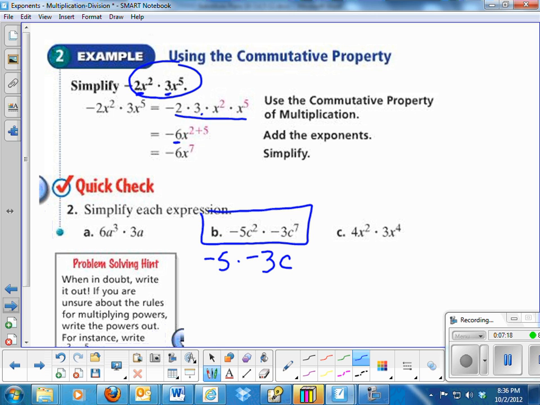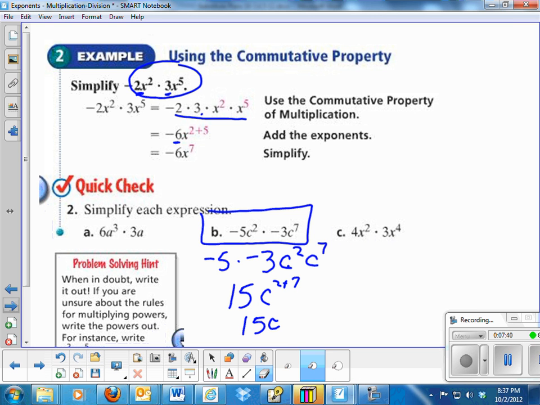And then we're going to continue that process. Now it becomes easy to see what we need to do. -5 times -3 is +15. c squared times c to the 7th power, that's c to the 2 plus 7 power, so 15 times c to the 9th power.